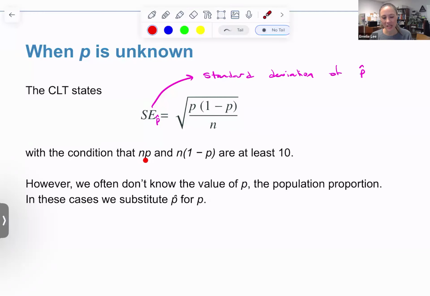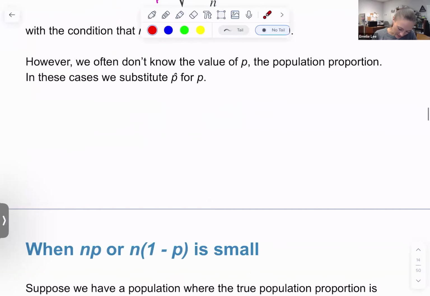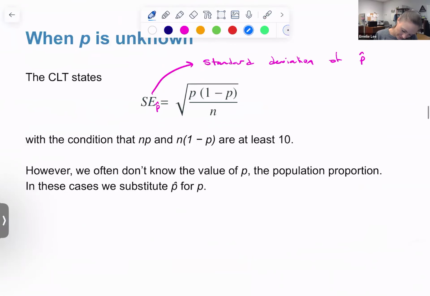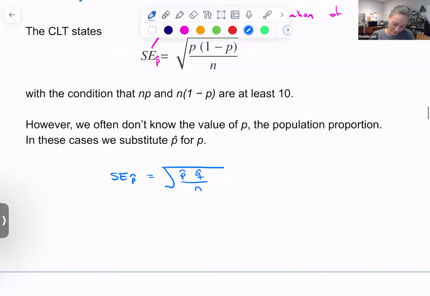So then n times p, what did we do? Really, we said, well, what if I just use p hat instead? I don't know p, but what's my best guess for p? P hat. So then the standard error for p hat is going to be the square root of p hat q hat over n.